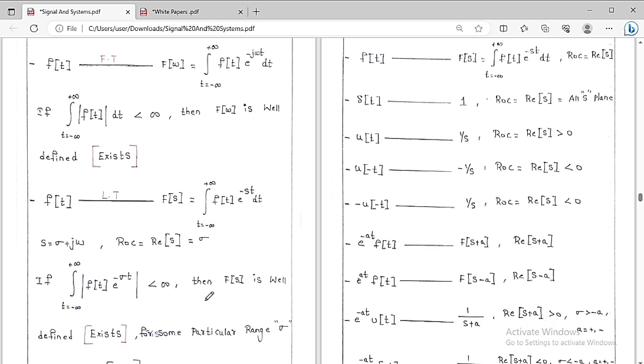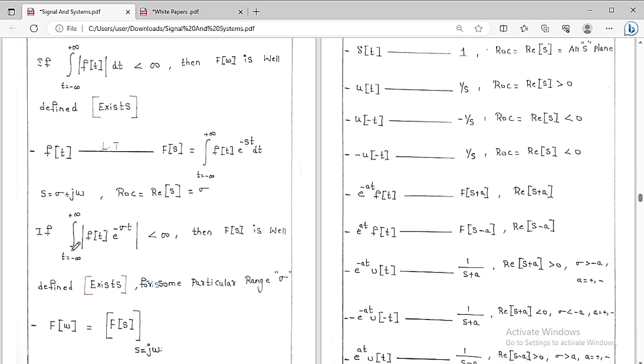I want to tell you only one thing: the Fourier transform is a special case of the Laplace domain, because when s is equal to j omega, meaning sigma is equal to 0, the Fourier transform occurs. So when s is equal to j omega, the Laplace transform changes to the Fourier transform. Therefore, when s is equal to sigma plus j omega, the ROC is the real part of s, which is sigma.